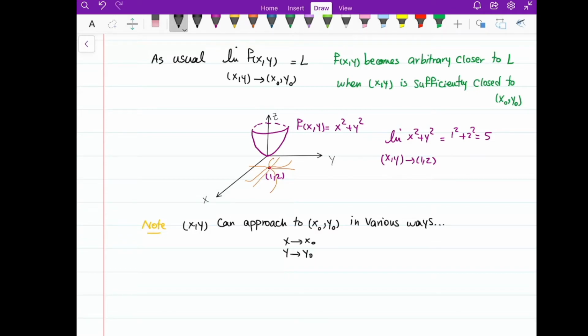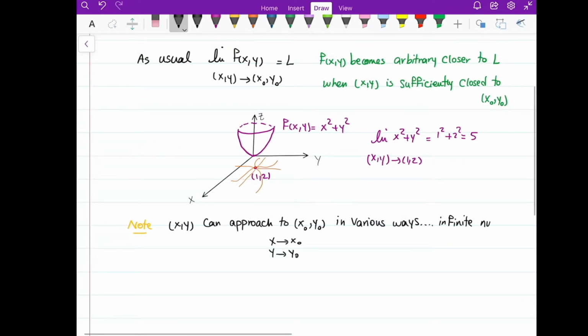Basically an infinite number of paths you can choose. We can approach the point along lines or curves, different curves. So lines and curves.